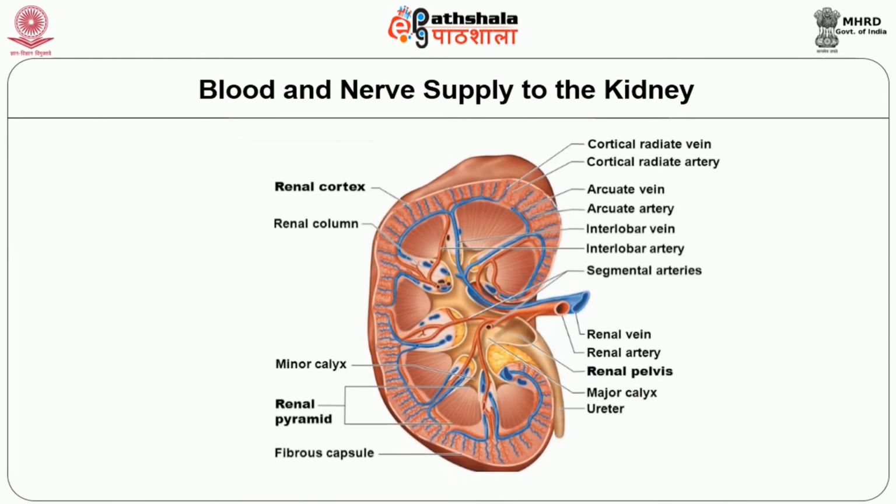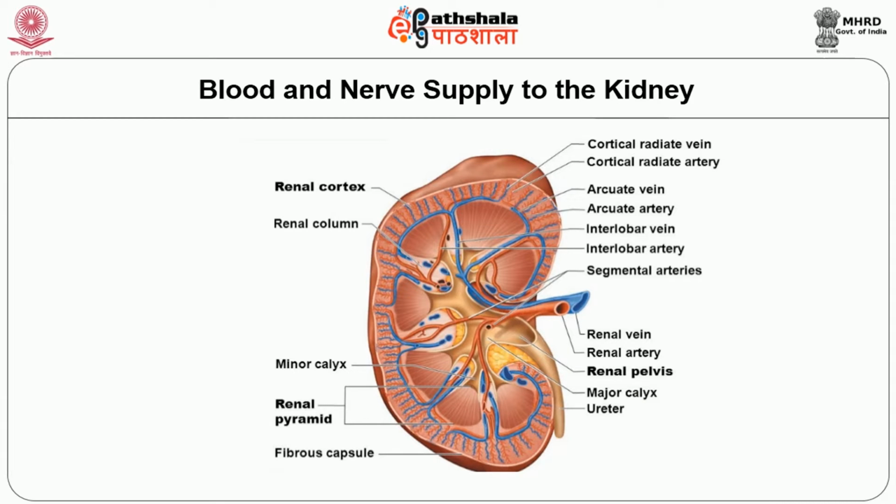The next aspect to be considered is the blood and nerve supply to the kidney. Blood supply to the kidney is through the renal artery and from the kidney through the renal vein. That is, blood supply into the kidney progresses to the cortex through renal arteries to segmental, lobar, interlobar, arcuate and cortical radiate arteries, and back to renal veins from cortical radiate, arcuate and interlobar veins.